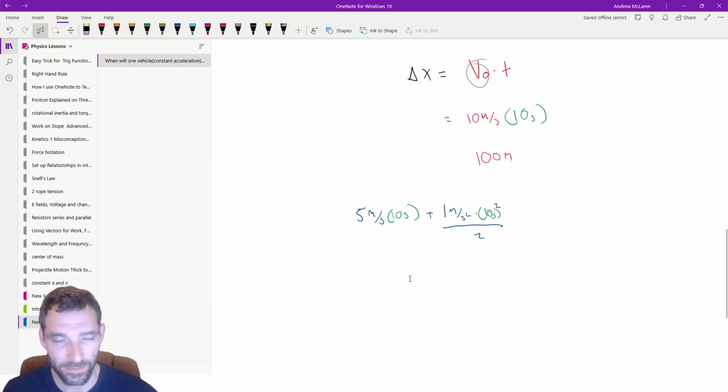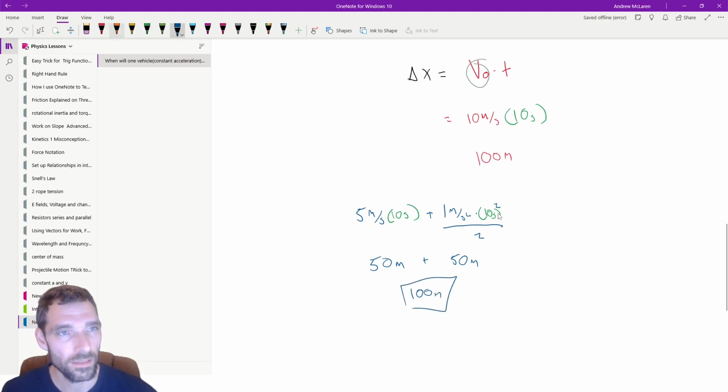And when we do that, it should work out. We've got, what is that, 50? I'm seeing 5 times 10, that would be 50 meters, plus 10 squared would be 100 times 1, that's still 100, divided by 2, that's another 50. So yeah, it looks like this does go the same amount of distance here. We've kind of proven it with both of our position formulas.